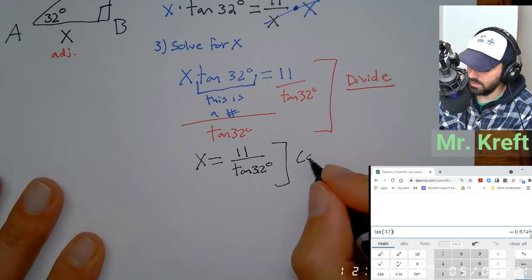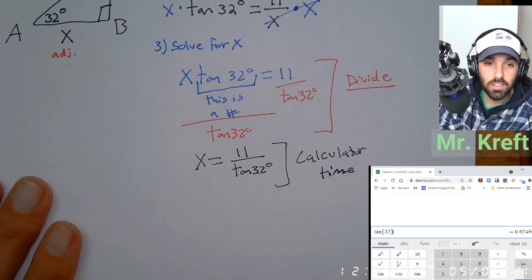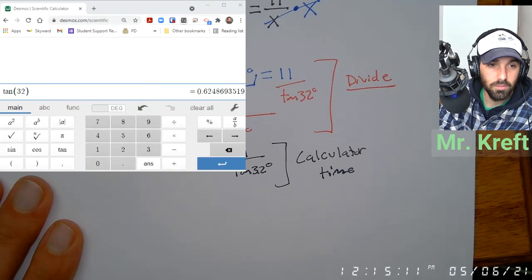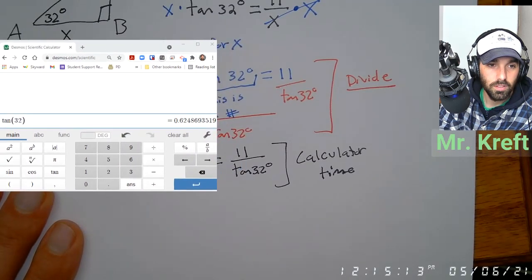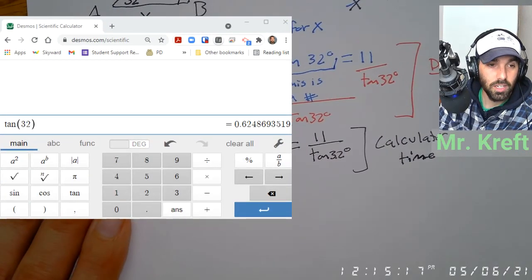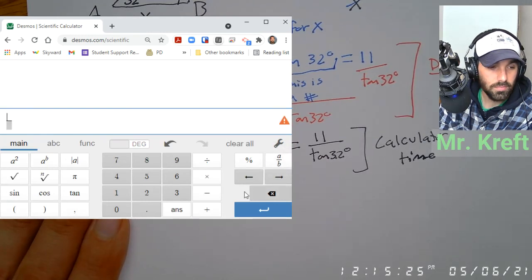So right now, this is calculator time. Make sure you're in degrees. I'm going to make my Desmos calculator bigger. If I move this over, there we go. Calculator time. I'm going to hit clear all here. Notice how I have a fraction, so I'm going to hit the fraction button.